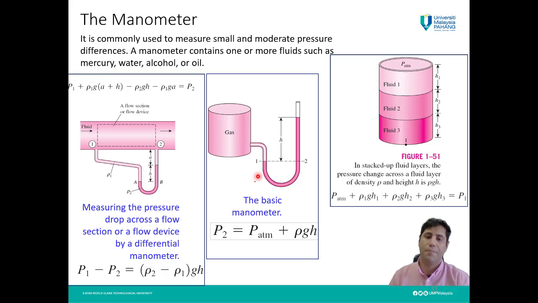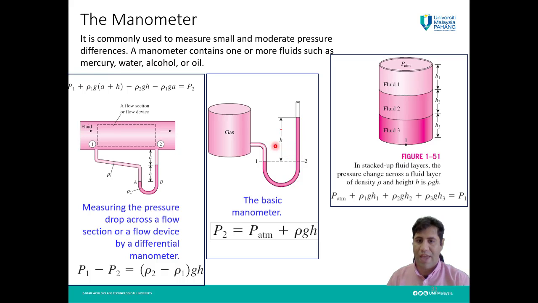We can use a manometer to measure pressure inside a tank or something. Again, with the same calculation, you can see here the atmospheric pressure is acting on this place.